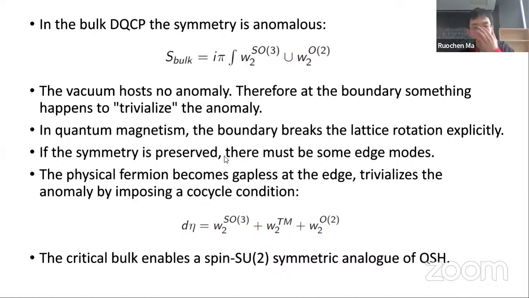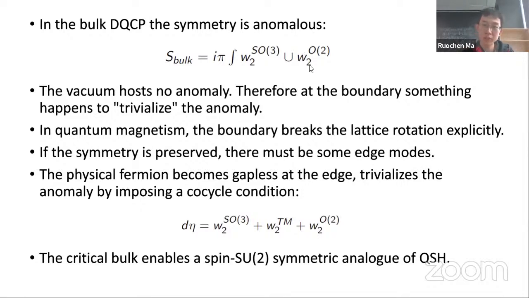Okay. So there are two common possibilities for this edge choice. The first one is the symmetry is broken at the edge. For example, in the context of quantum magnets, the boundary breaks the lattice rotation explicitly, which trivializes the anomaly at the edge.